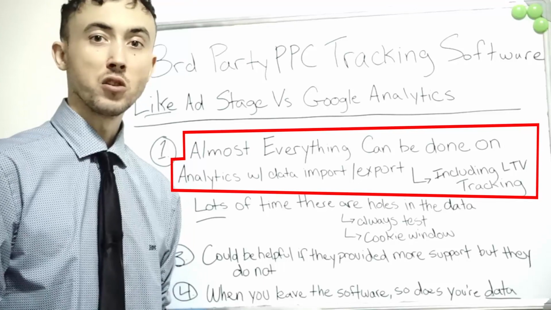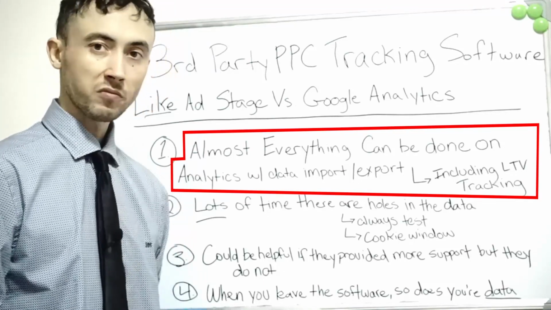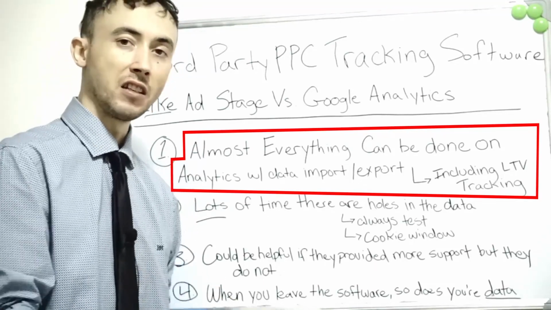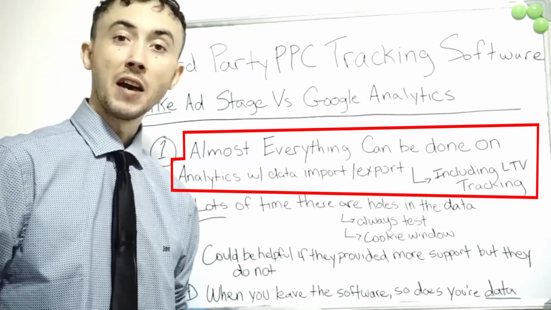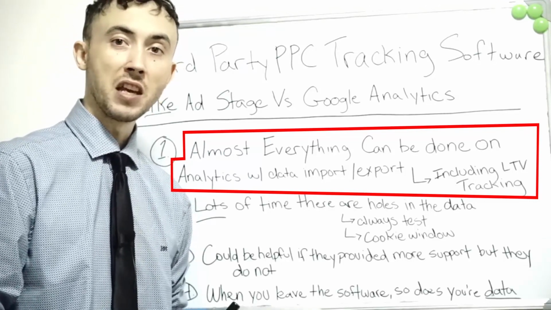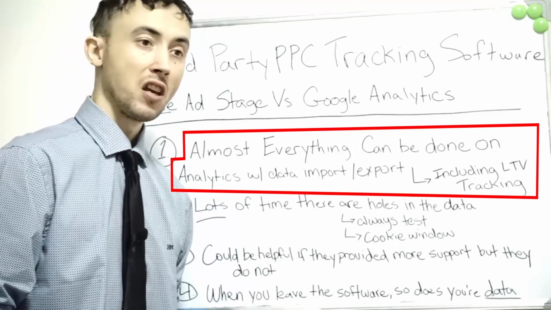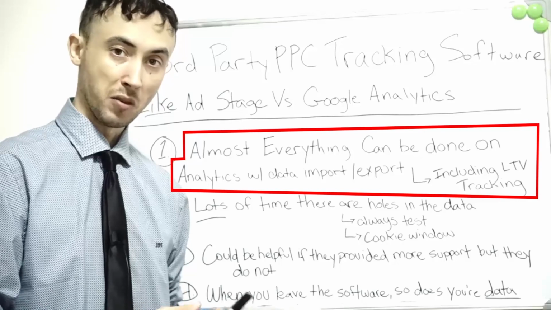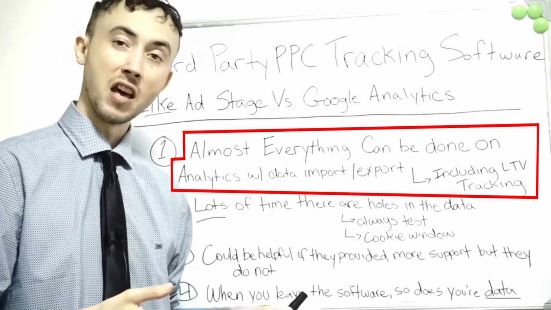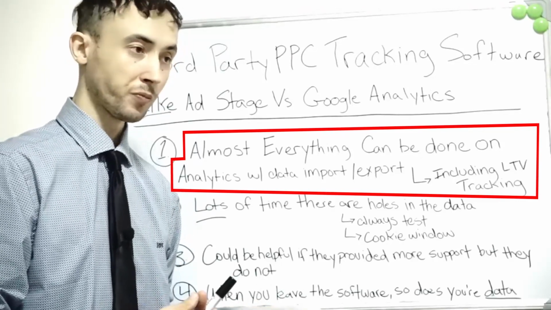There are even ways to upload offline data to Google Analytics about your purchases, your sales, and the lifetime value of a customer. When somebody ends up making more than one purchase, you can upload that to Google Analytics and see your data there, just like some of these programs offer, or tend to, not all, but some do.